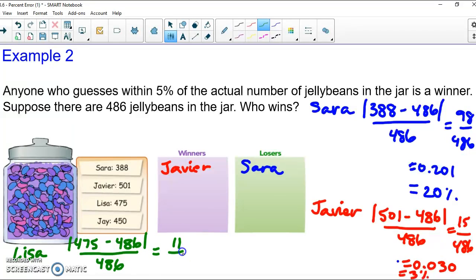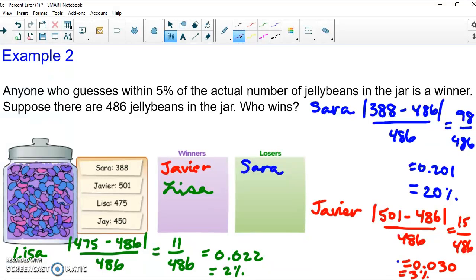So this is a difference of 11. And 11 divided by 486 is 0.022. So as a percent, we're looking at right about 2%. Way to go, Lisa. Lisa is a winner.